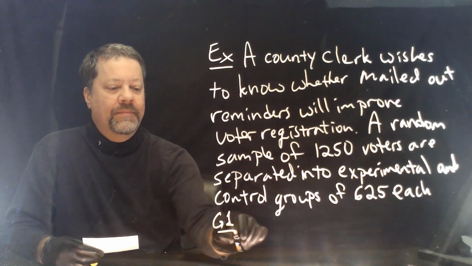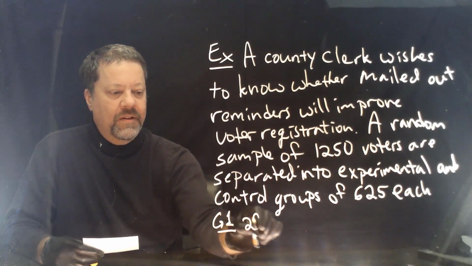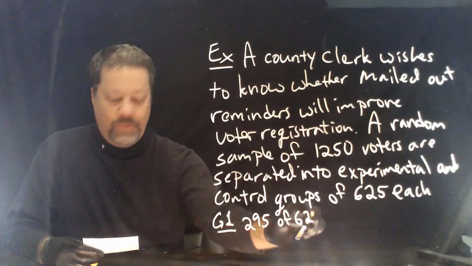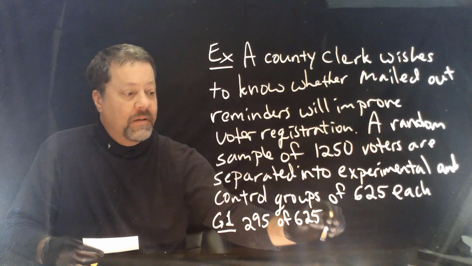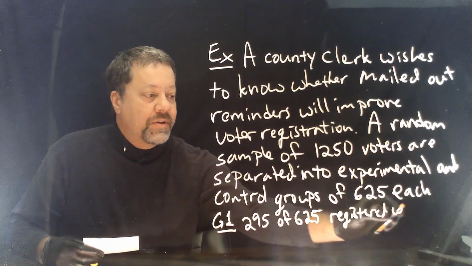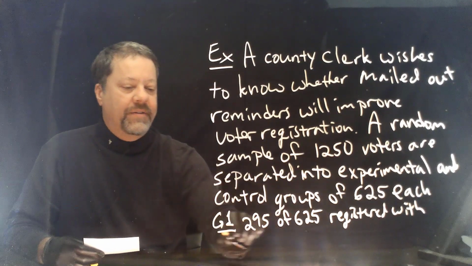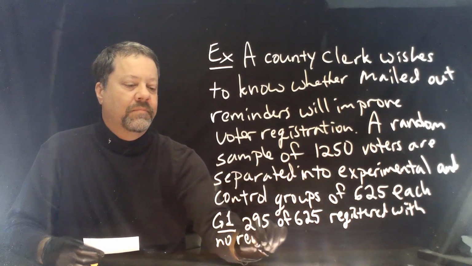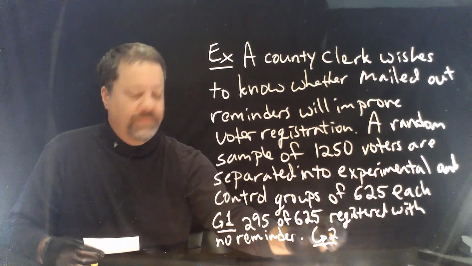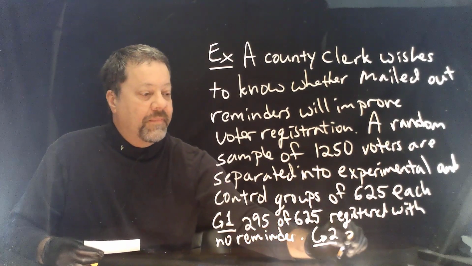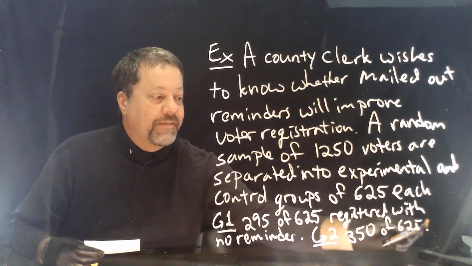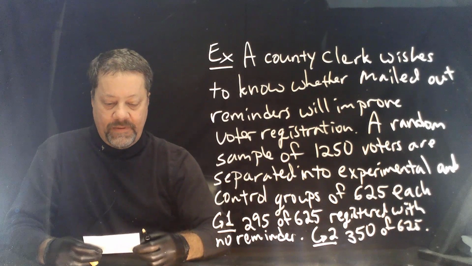In group 1, 295 out of the 625 registered with no reminder. What about group 2? 350 of 625 registered with a reminder.